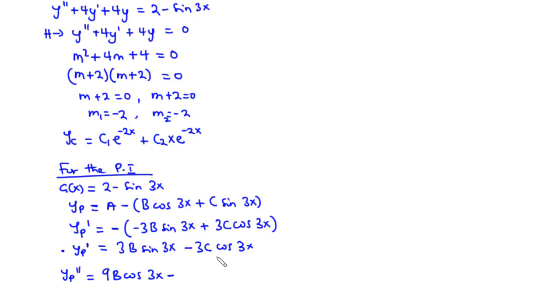So this becomes negative 3 sine 3x. Negative times negative becomes positive. 3 times 3 is 9. We have c, and then we have sine 3x. So this is yp prime prime.